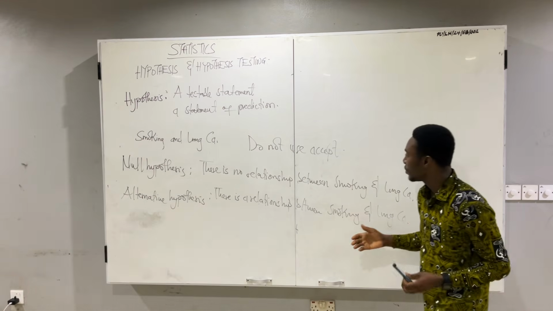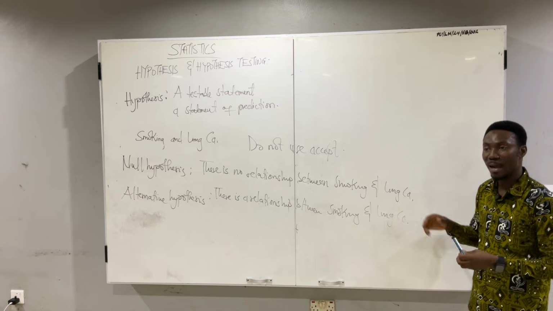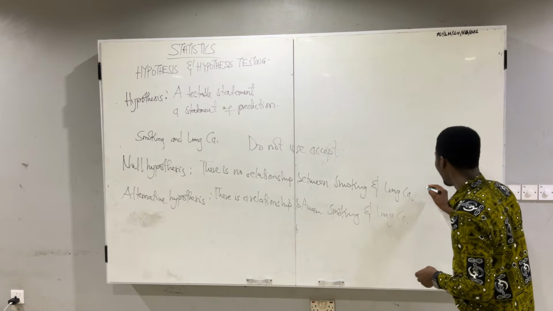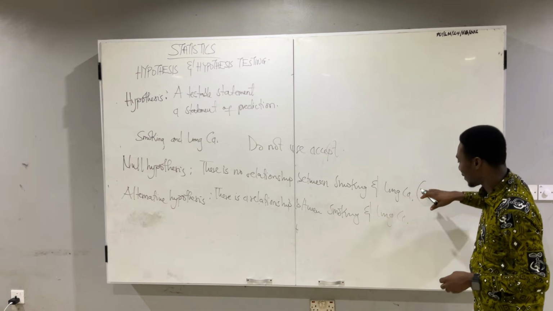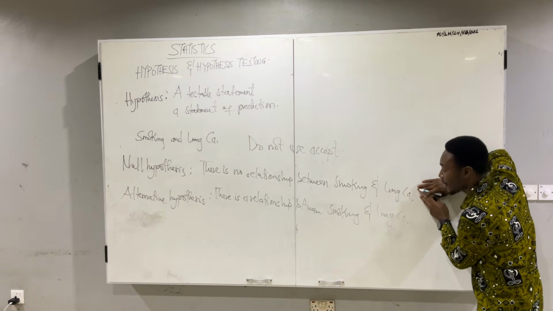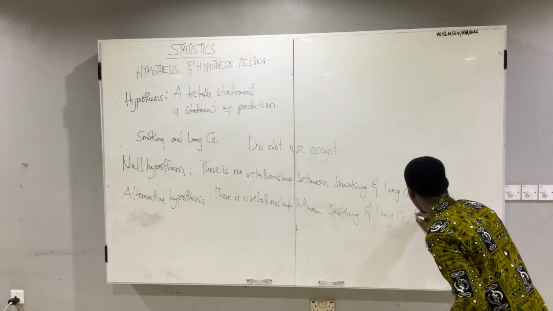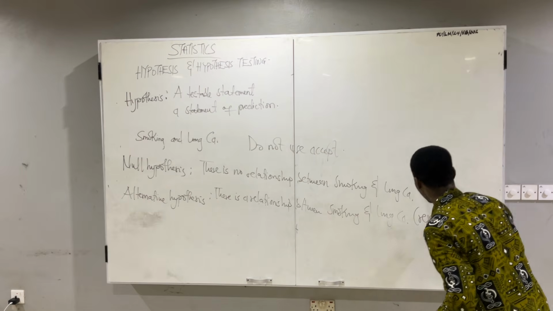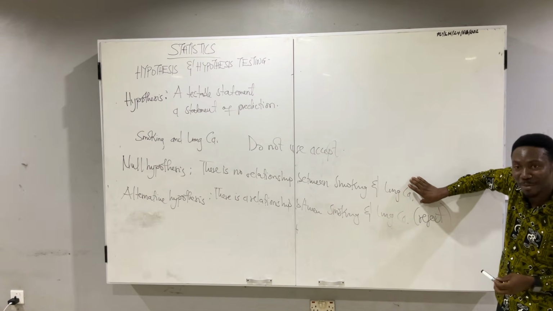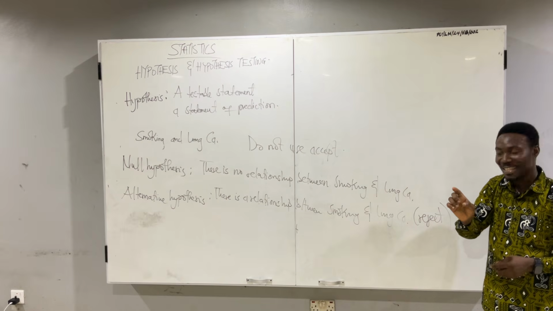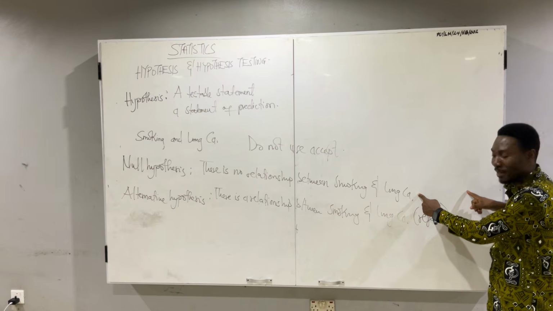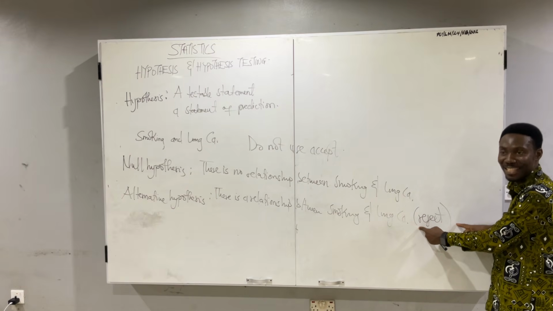So let's assume you want to accept the null hypothesis. We don't use the word accept. Remember there are two hypotheses. If I want to accept the null hypothesis, instead of saying I accept it, I will say I reject the alternative.